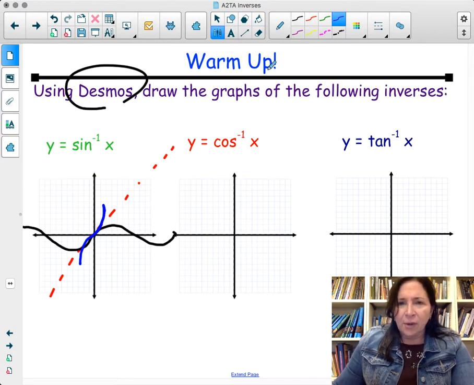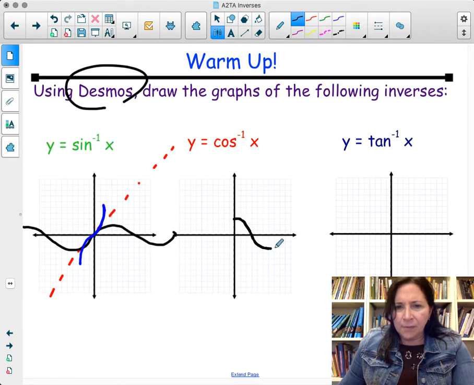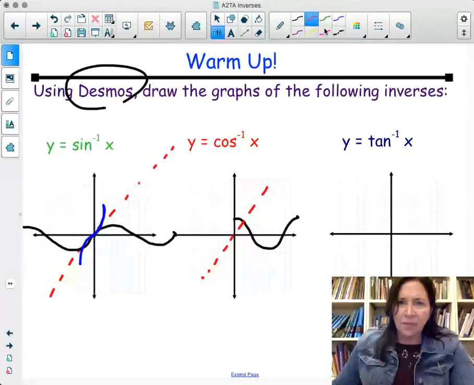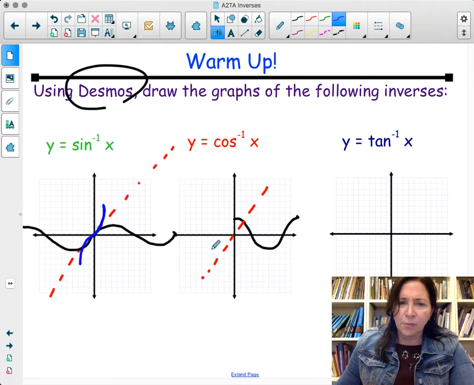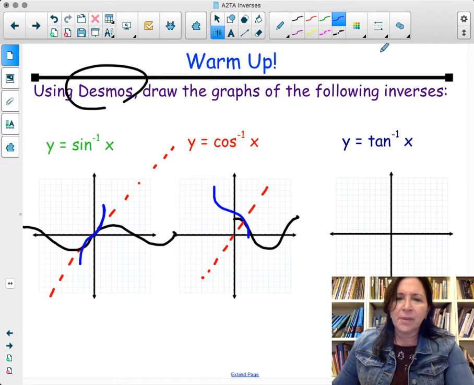Similarly, with my cosine wave, if my cosine wave starts high, comes down, and then ends high, and I were to reflect it across my y equals x line, it would look something like this. We flip over.